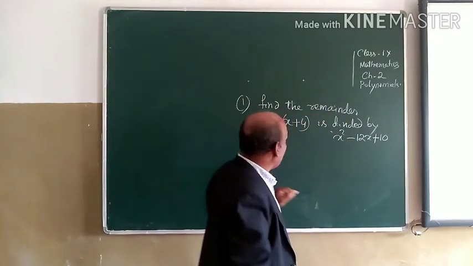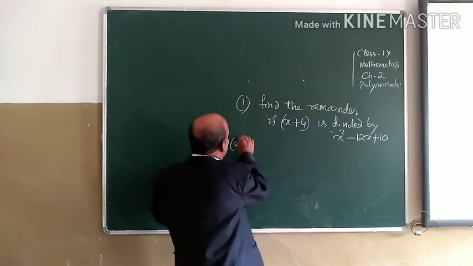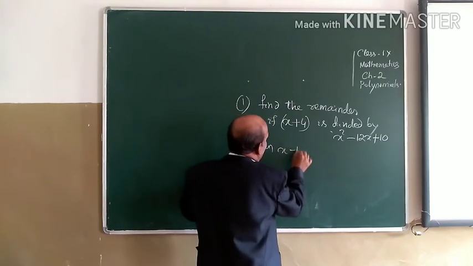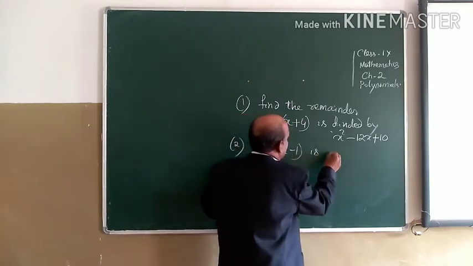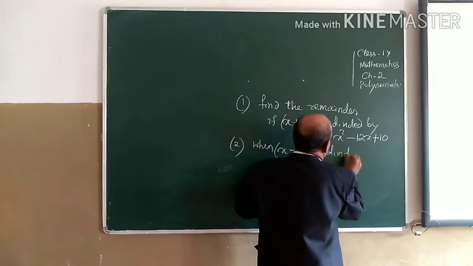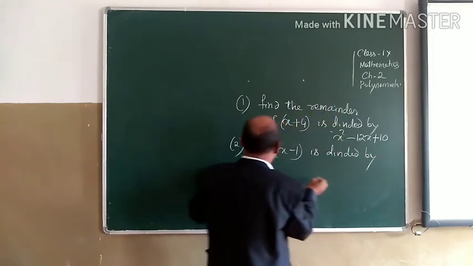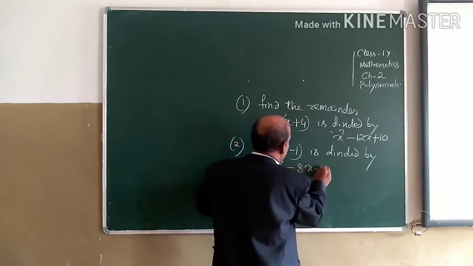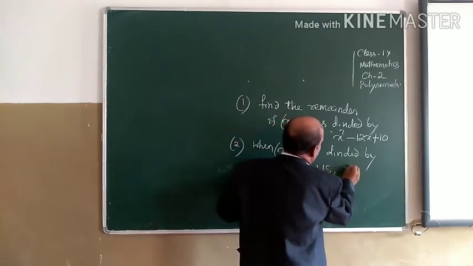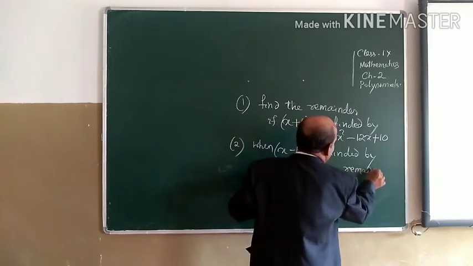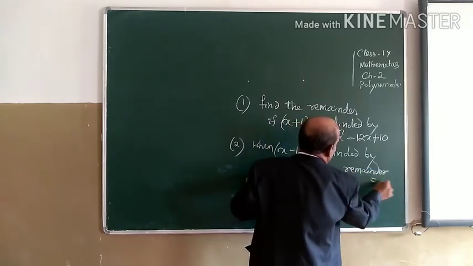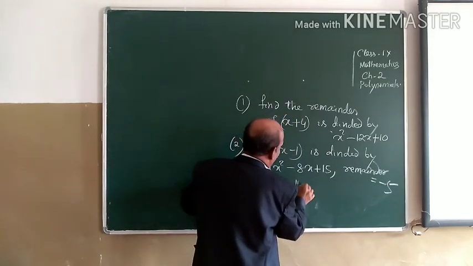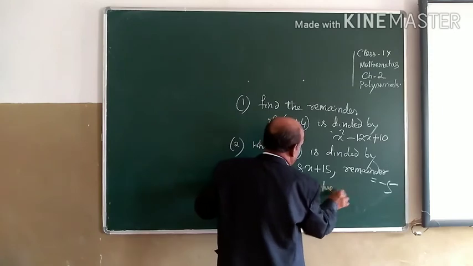And question number 2: when a x minus 1 is divided by x square minus 8x plus 15, the remainder is minus 5. So find the value of a.